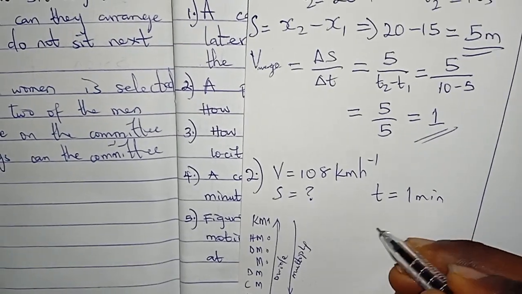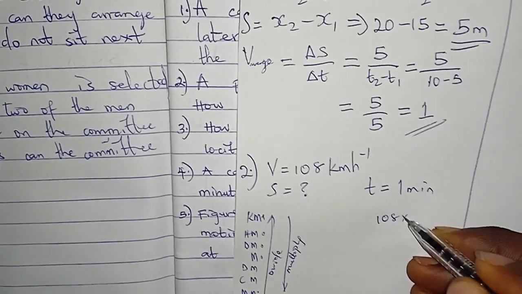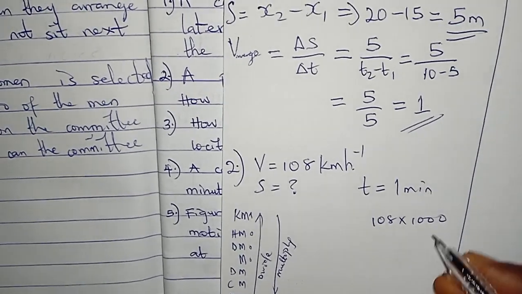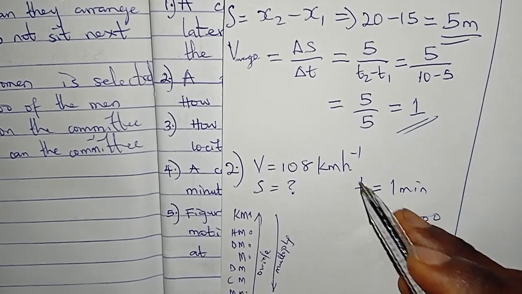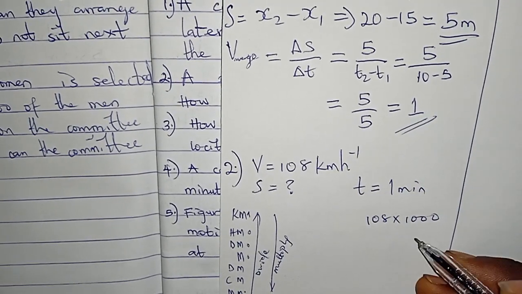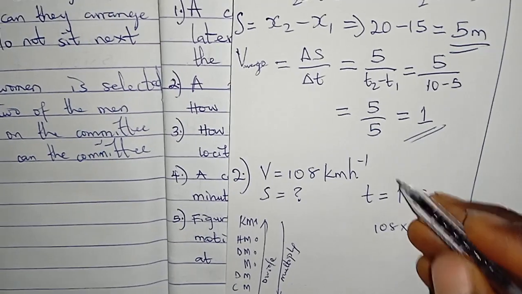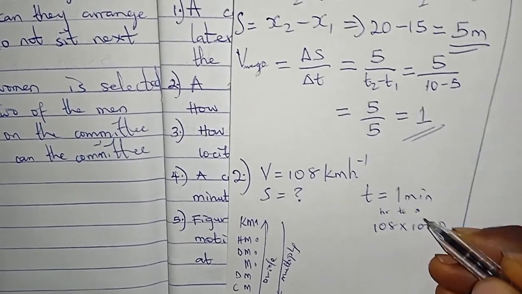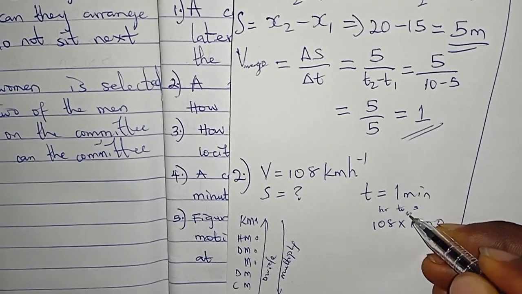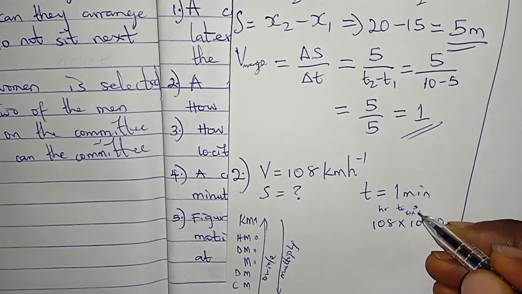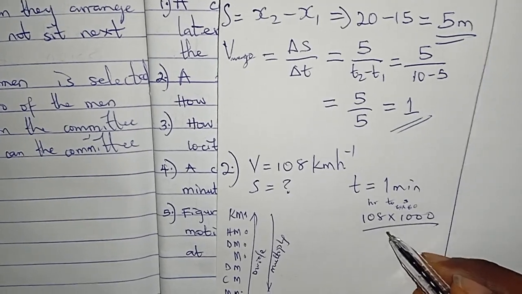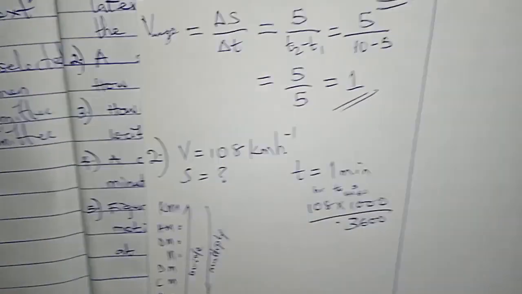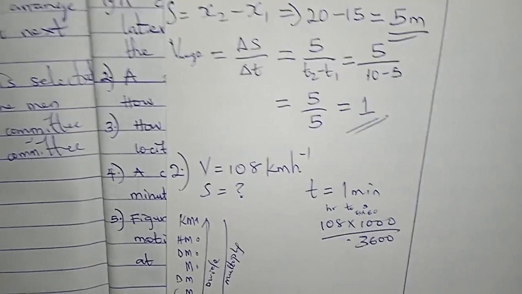So that is 108 times 1000. Then remember that this is per hour, and hour to seconds is 60 minutes, then 60 seconds, 60 times 60. So all over 3600. So that is how you do it.